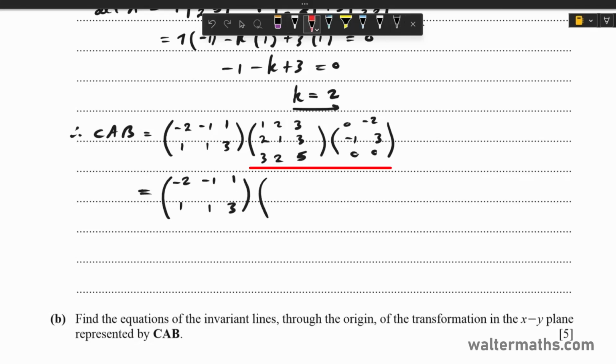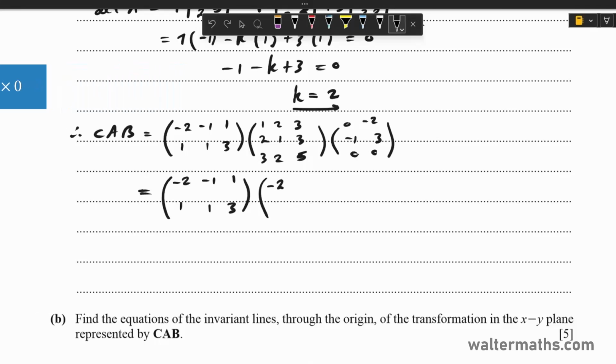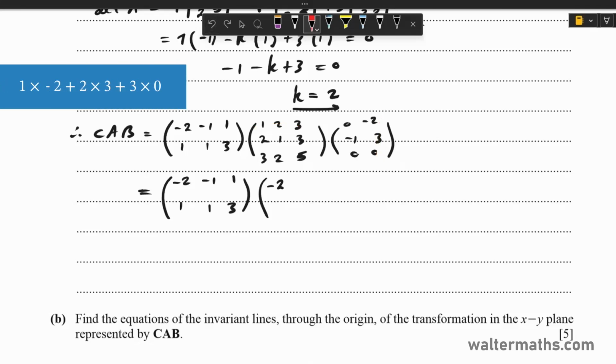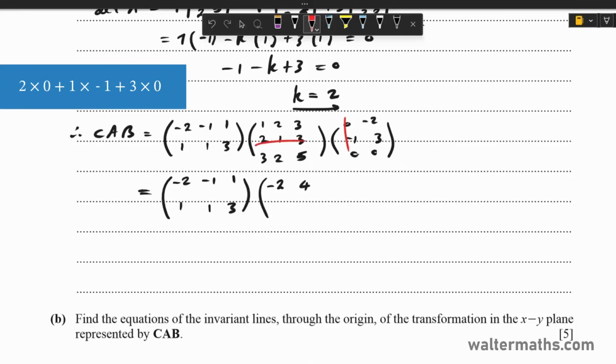This row and this column, we get 0 minus 2 plus 0. So we get minus 2. Next up, this row and this column, that will give us minus 2 plus 6 plus 0. So minus 2 plus 6 is 4. So we have 4 here. Next up, this row and this column. That's going to be 0 minus 1 plus 0.